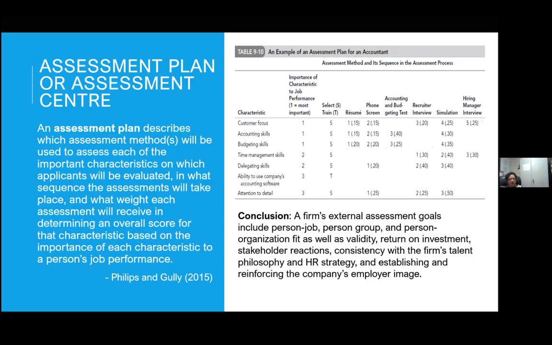Okay, so that BPO has an assessment, and it's not really an assessment center, because an assessment center is actually set up like a training center, and it has all the different variables in there for all the different things. For instance, pilots have to go back and be relicensed. They go to an assessment center where there's a simulator that will take them into heavy wind and heavy snow and heavy fog and that sort of stuff.